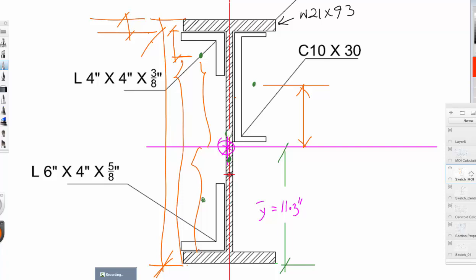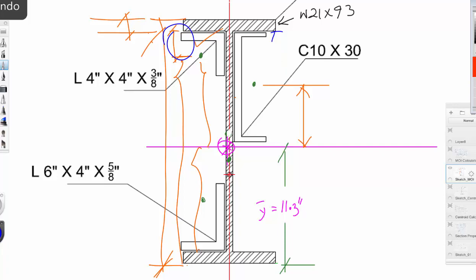Well, this is valid for this angle, and it will be valid same thing for this channel. The only difference is instead of this guy, you use this guy, which is depth by 2. Same concept, exact same thing that I used here.